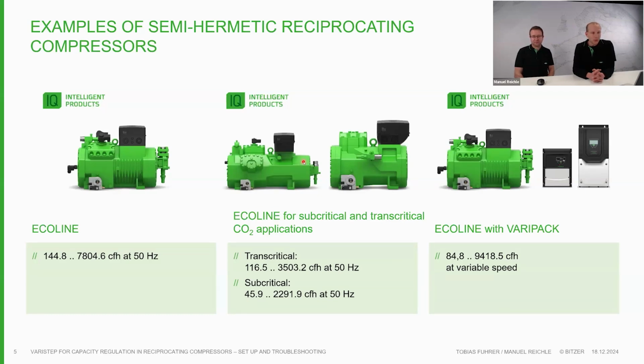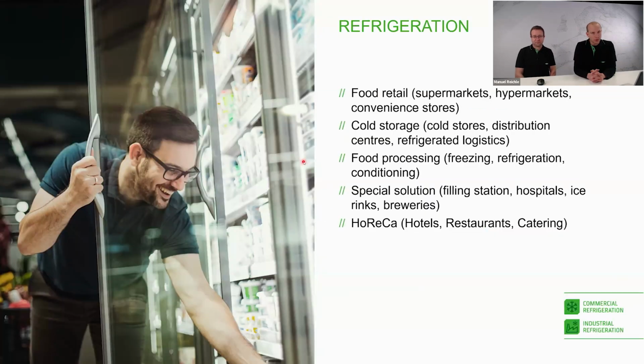So the Ecoline CO2 compressor series for sub and transcritical CO2 applications, and those come as 2, 4, 6, and 8 cylinder models, and pretty much all of them can have the VARISTEP, so mechanical capacity control or unloading, what some people call that, to really give a good balance between the system and the suction groups.